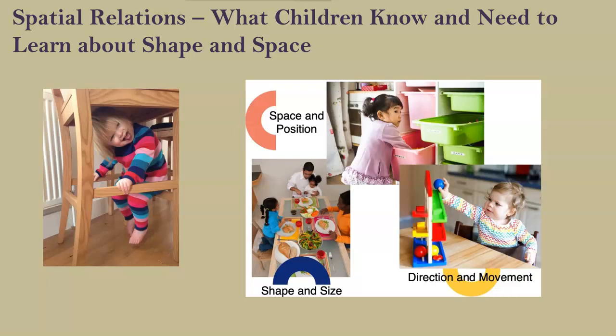And how does it travel across the floor? For instance, if I roll a ball across the floor, what is going to happen? What is that outcome? These are the many ways that we see children learning and experimenting with spatial awareness and movement. It refers to an understanding of how objects and people move in relationship to each other. They demonstrate an awareness of these objects very early on.